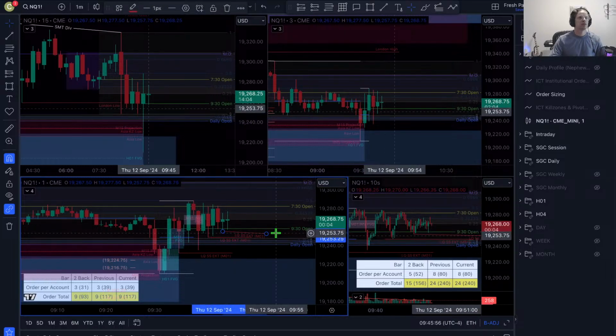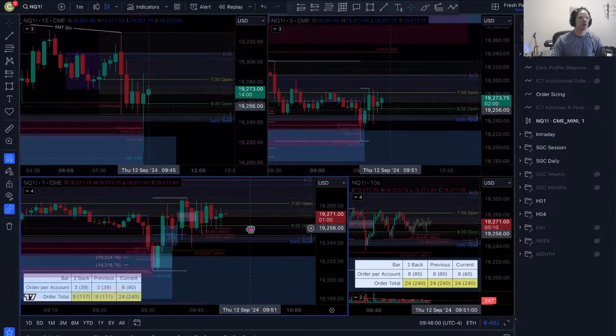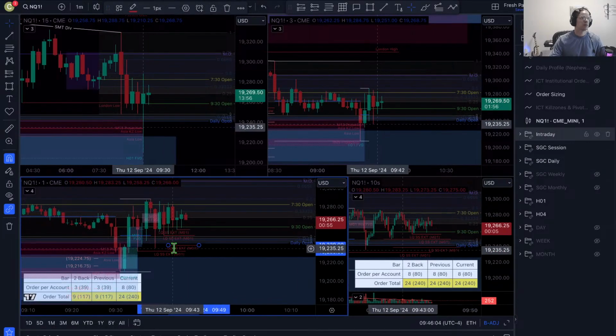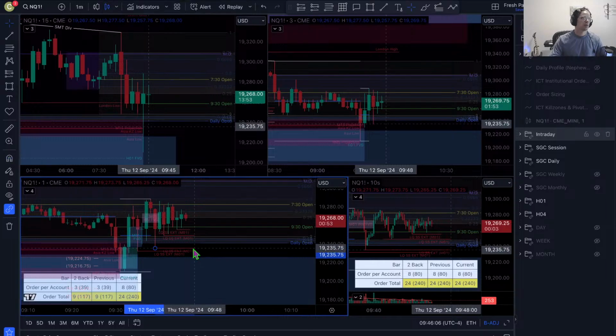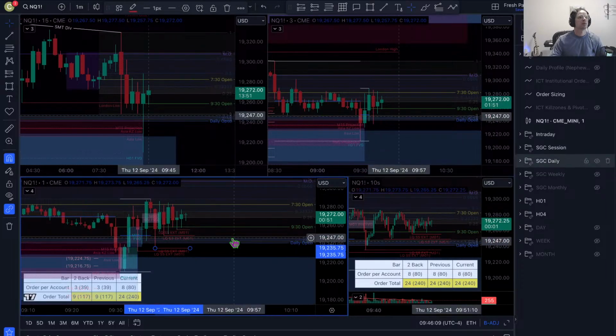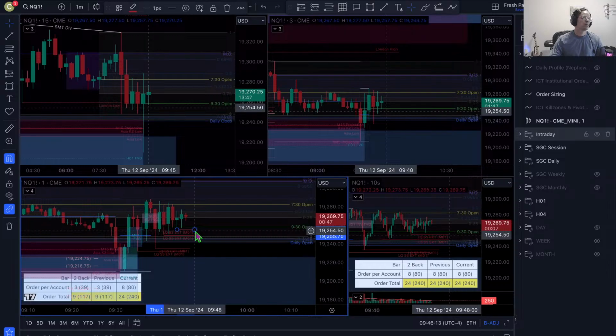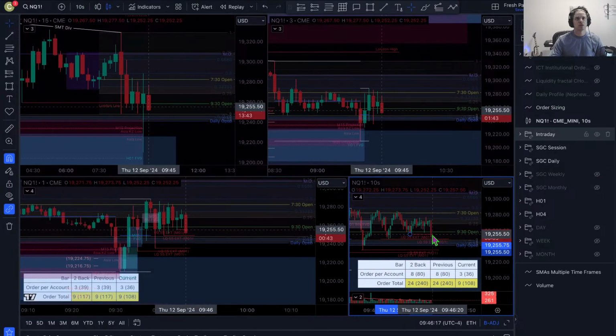About to form this. So you're building this liquidity here that could get swept. So there's a sweep of that.